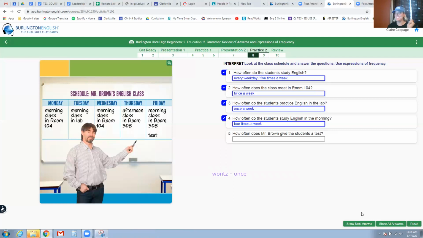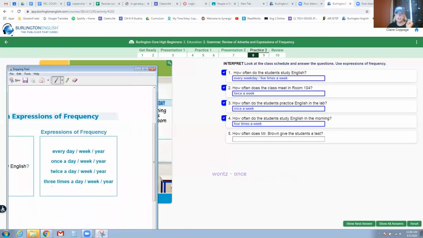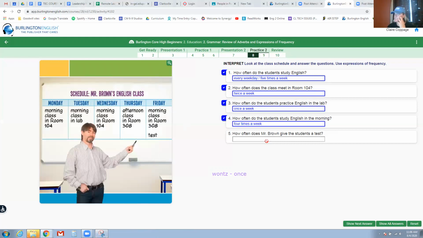Good, you got it. Good. I was gonna look. Oh, you're so close. If it's a number higher than 2, si es más alto que 2, usamos el número. Sí. Okay. Good. And the last one, how often does Mr. Brown give the students a test?